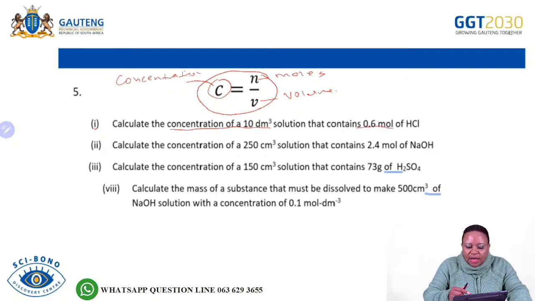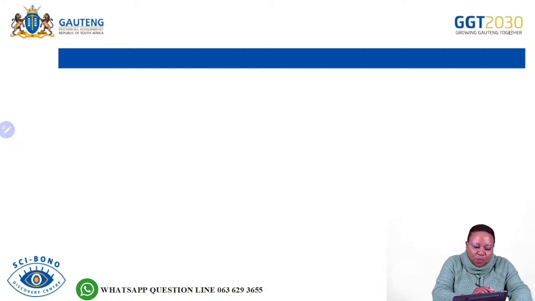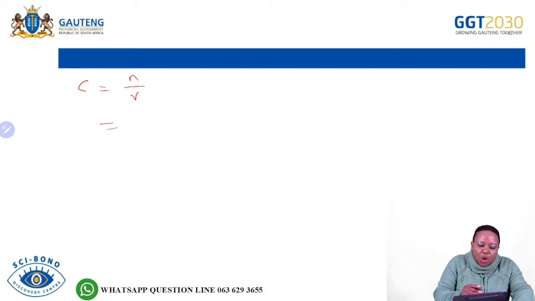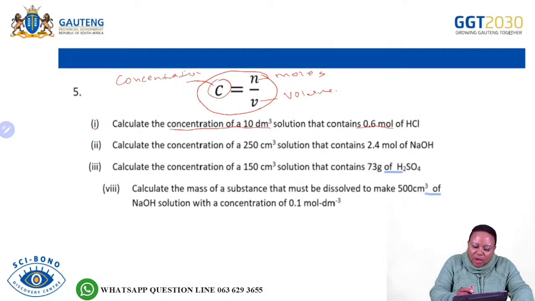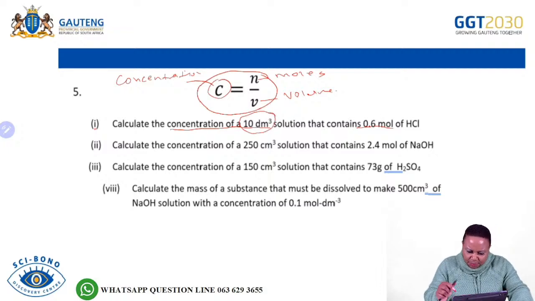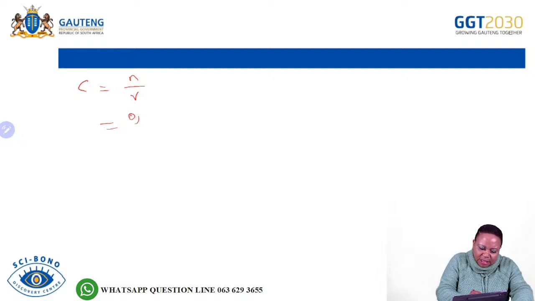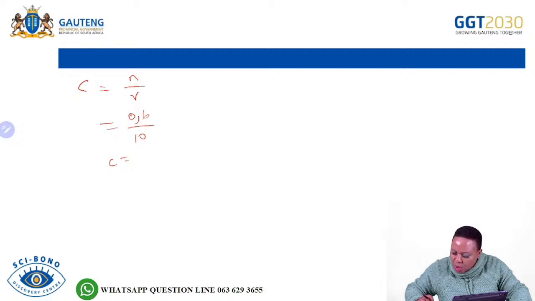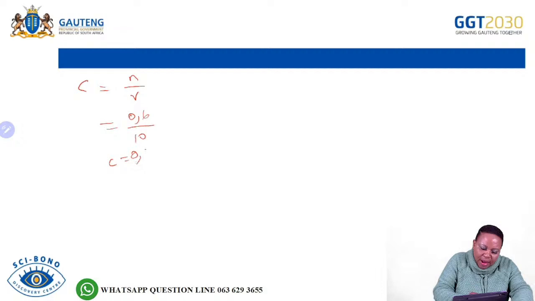So we are already provided with the number of moles, and we know that we're just going to say c is equal to n over V. We are given 10 cubic decimeters as our volume and 0,6 as the number of moles, so it's going to be 0,6 divided by 10, and we get our concentration as 0,06 moles per cubic decimeter.